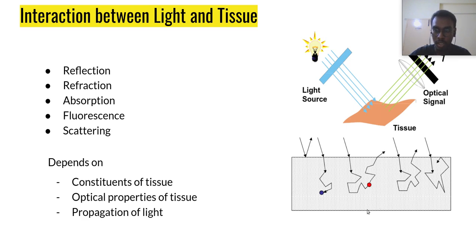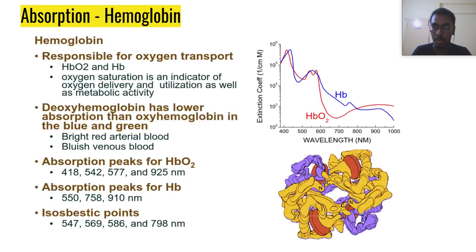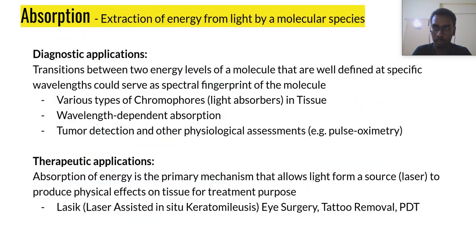So these interactions depend on the constituents of the tissue, the optical properties of the tissue, and the propagation of light. We'll be looking into two main interactions between light and tissues. One is absorption and the other one is scattering.